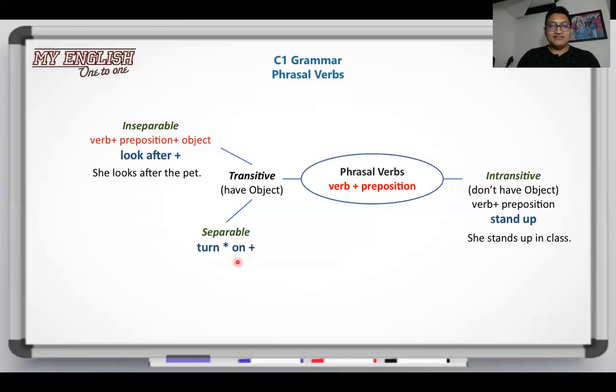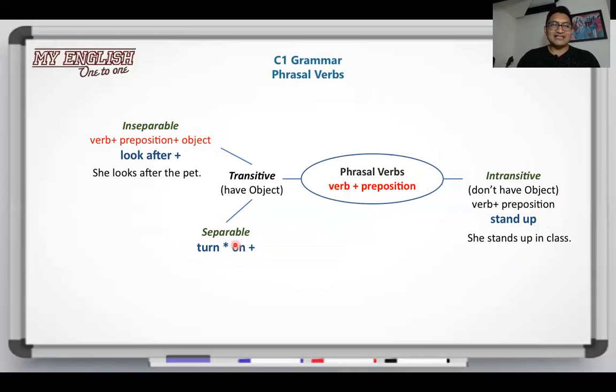Now, when you have a phrasal verb with an asterisk and also a plus symbol, this means it is a separable transitive phrasal verb. If you don't have any symbol, no asterisk and no plus symbol, this is an intransitive phrasal verb.